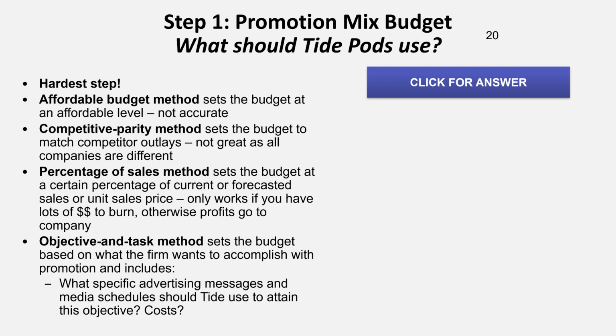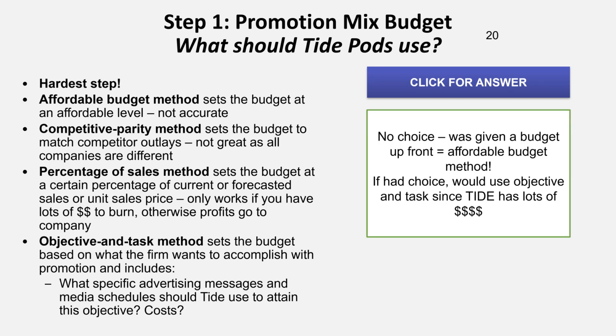And the book here states that that's the best method. To me, it's both the percentage of sales method, that's the one I usually see the most, and it's tied with the objective and task method. So in this particular case with Tide, we weren't given a choice. But if we did have a choice, we would have used the percentage of sales method or the objective and task method.